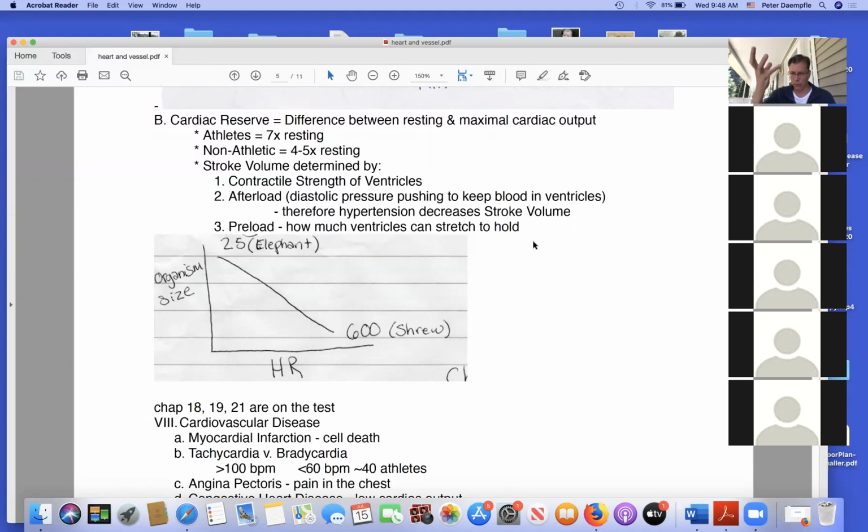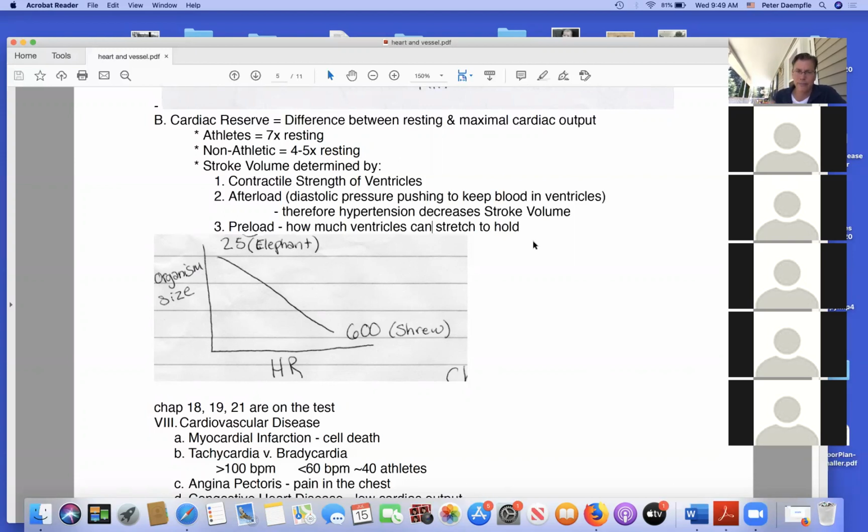In other words, how much pressure is in your blood vessels at any one time to prevent the heart from pumping blood out the aorta. So if you have high blood pressure, that hurts your afterload. It makes a higher afterload. In other words, after you pushed out from the heart, you still have pressure on the heart. That is the big problem with high blood pressure, and it makes the heart work harder.